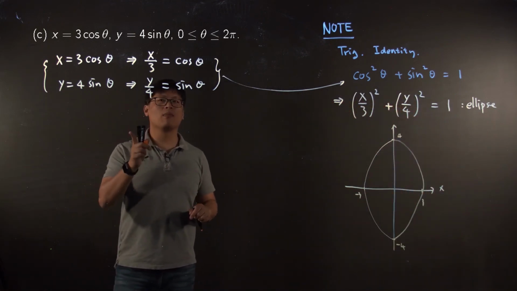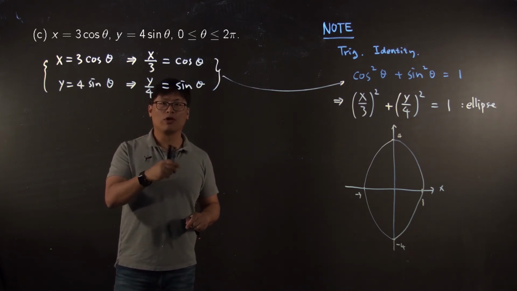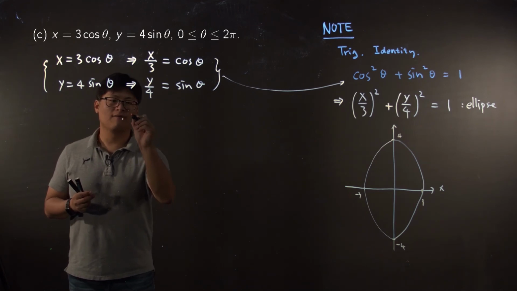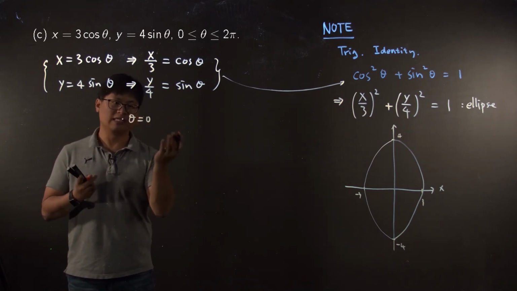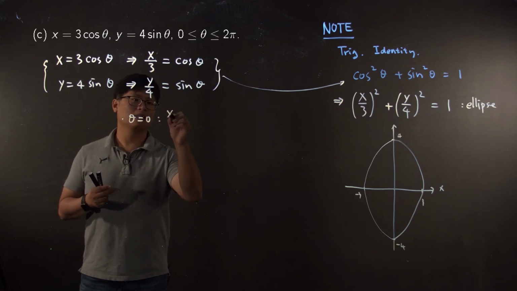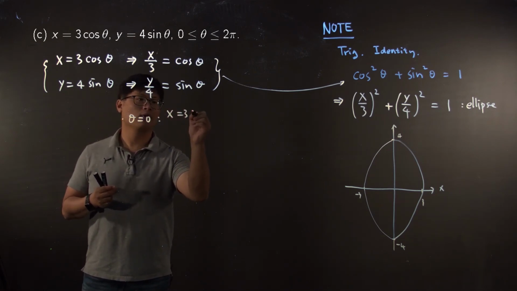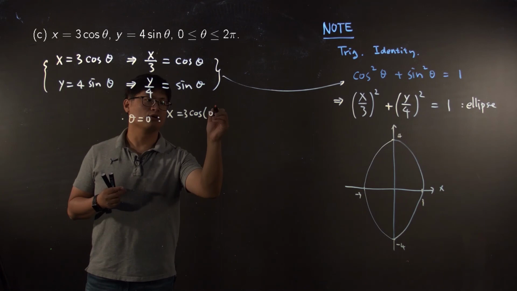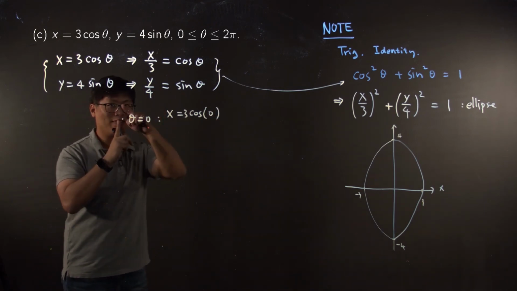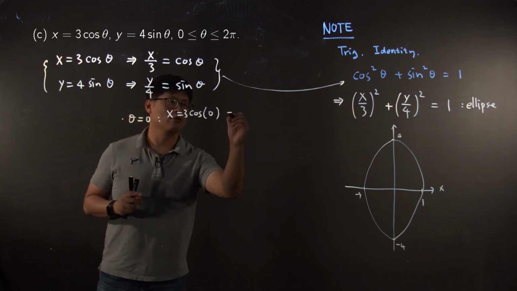Since your parameter theta is increasing, we're going to choose 2 different values of theta, okay? For my computer, let me choose the first theta as 0 because that is easy to find all the trig function values, okay? Then my x, which is equal to 3 cosine theta, is 3 cosine 0, okay? Do you remember cosine 0? Cosine 0 equals 1. I already gave you the answer, right? It is 3.